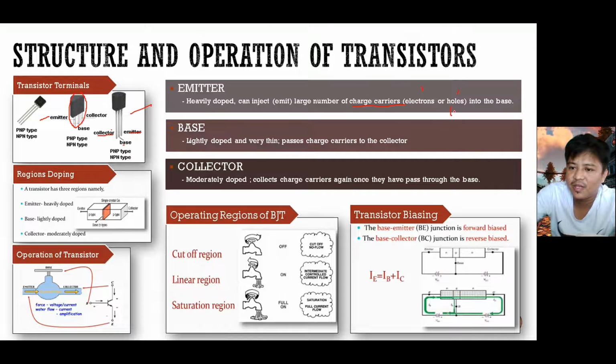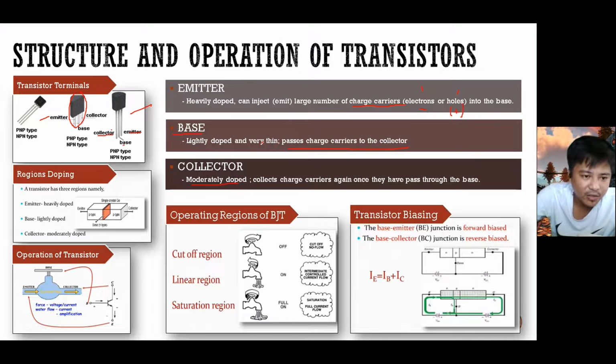Holes are positive and electrons are negative. Another of the transistor terminals is the base. The base is lightly doped and very thin so that it can pass charge carriers to the collector. Lastly, the collector, which is moderately doped, collects the charge carriers once they have passed through the base.